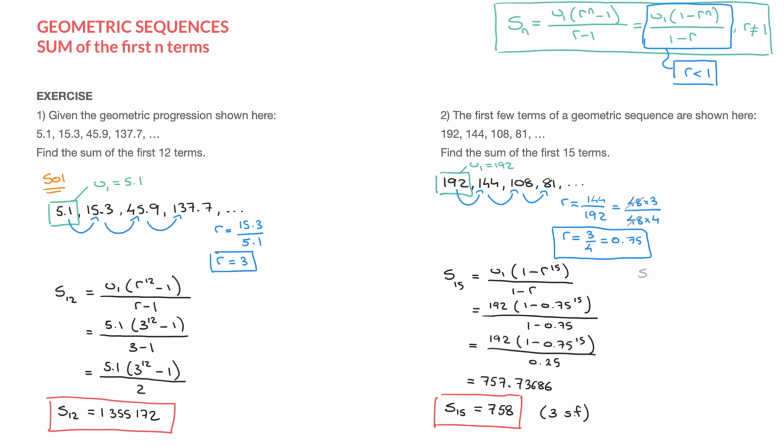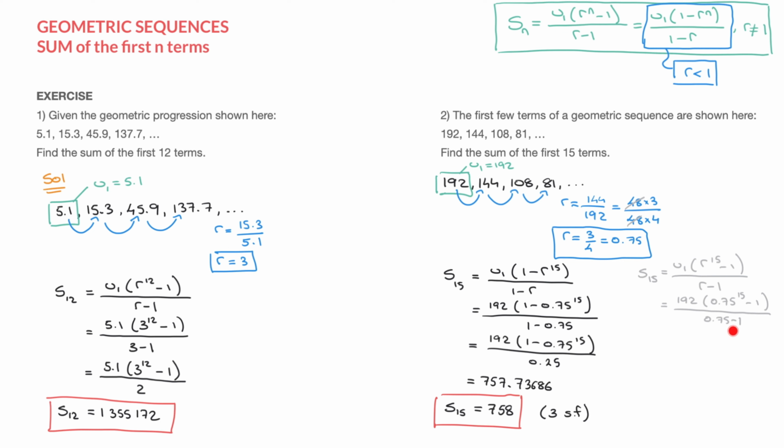If I calculate S sub 15 with the first formula, that would be U1 times, in parentheses, r raised to the power of 15 minus 1, and all of that's over r minus 1. And so replacing U1 by 192 and the r's that we see here by 0.75, this would turn into 192 times, in parentheses, 0.75 raised to the power of 15, and I take 1 away from that, and all of that would be written over 0.75 minus 1.